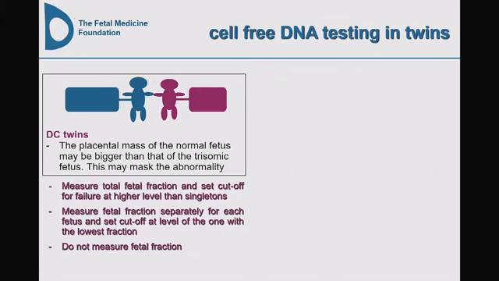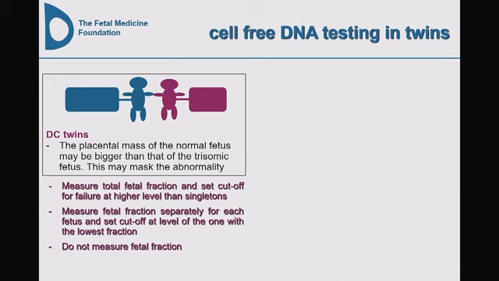What about cell-free DNA testing? When I touched on the topic of serum biochemistry as a screening test for twin pregnancies, I highlighted that there is a problem because the blood from the abnormal baby could dilute the blood of the normal one.